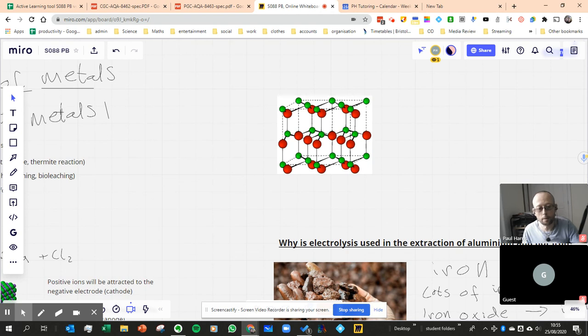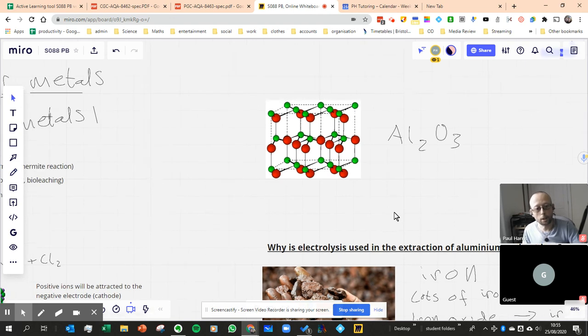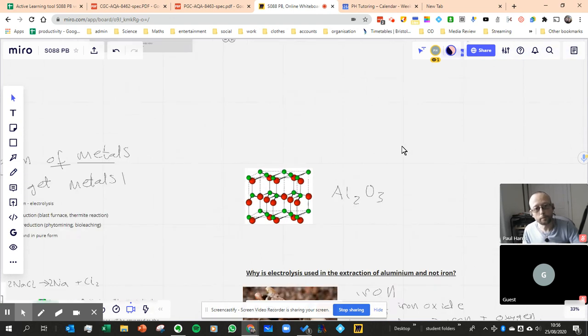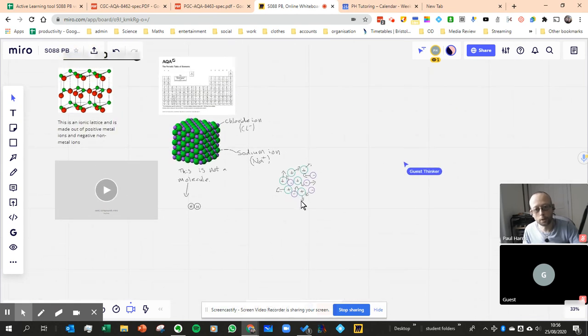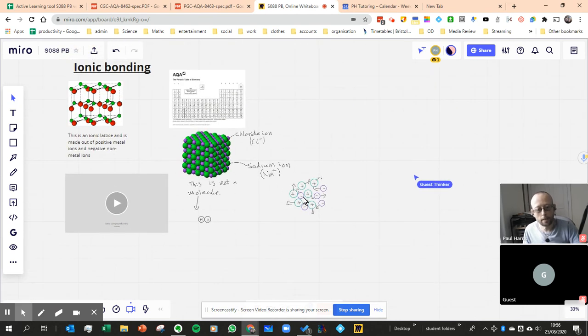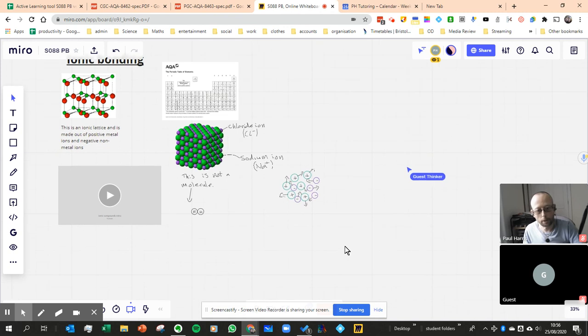So for every 2 aluminium ions there are 3 oxide ions, sorry.